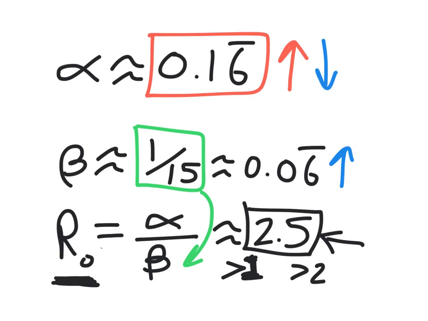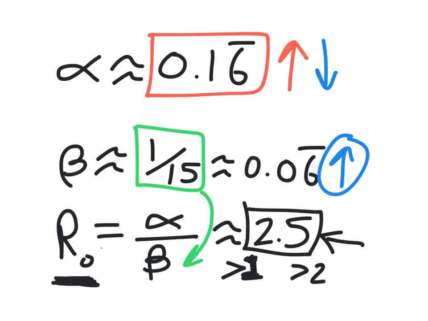So the way that this one can happen is with therapeutic medications, with different ways of treating people that are already infected, that would make that beta value rise, and that would be a good thing.